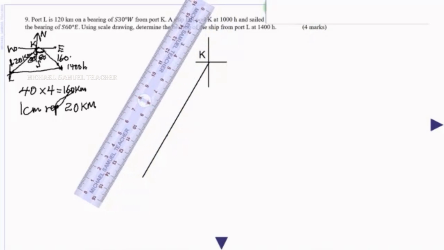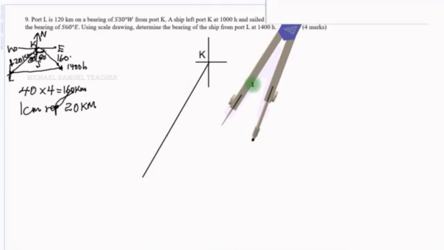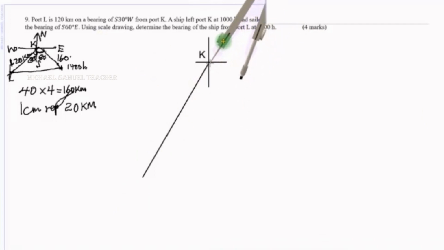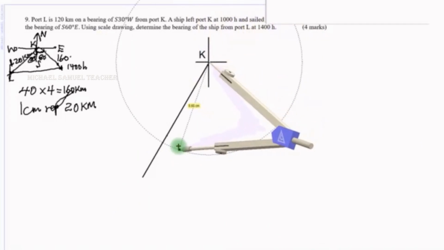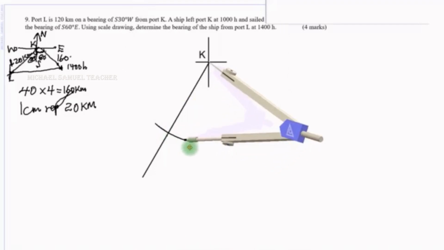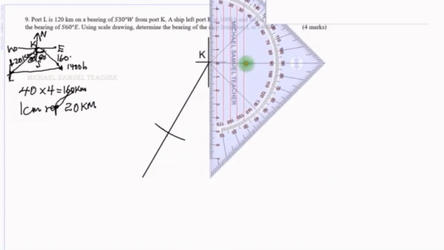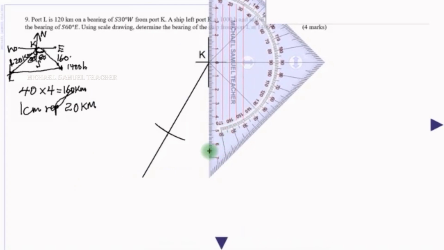Right. Then a length of 6, I mark there. Then I will measure an angle of 60 from south, 60 degrees at that particular point. I've put the mark.